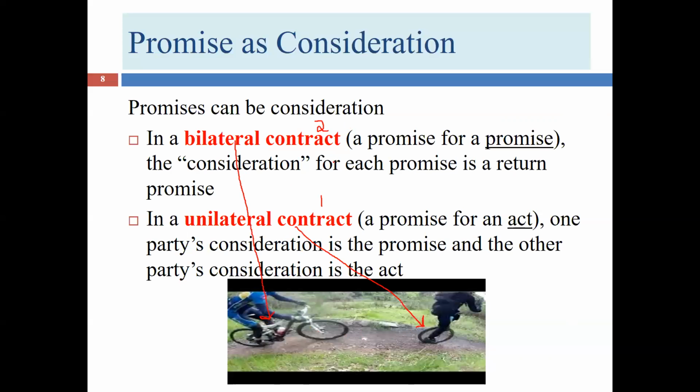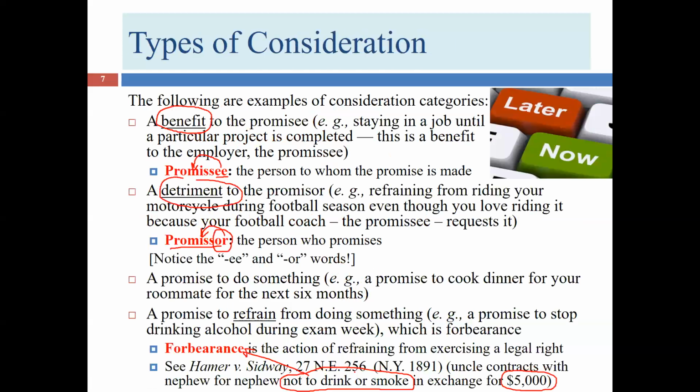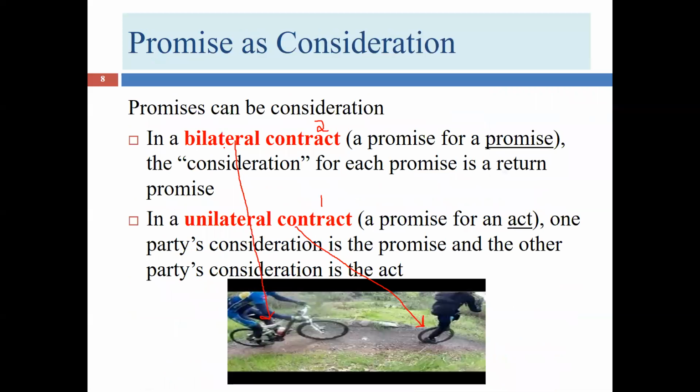So going back to the example of the uncle and the nephew, both of them are making promises. The nephew is saying, I promise not to drink or smoke for this period of time. The uncle is saying, at the conclusion of this period of time, I promise to pay you $5,000 if you haven't drank, if you haven't smoked. And so that is a bilateral promise.